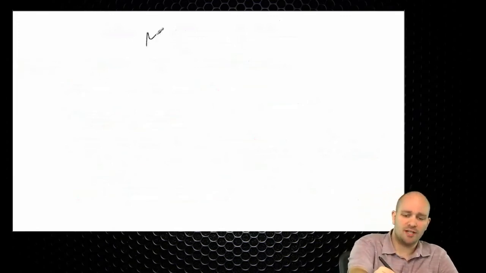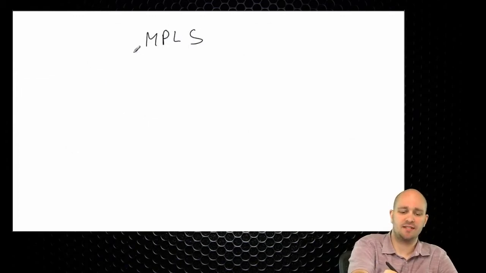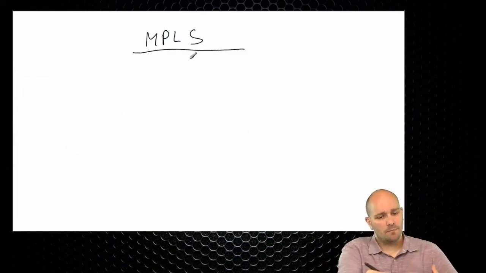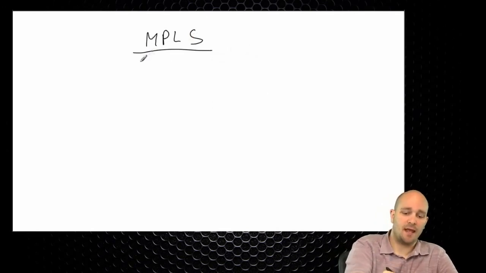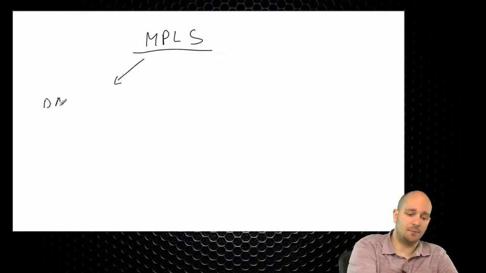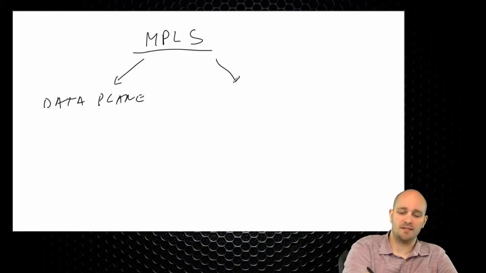So let's first see another thing about MPLS. To understand and fundamentally get MPLS, we have to understand that MPLS actually consists of two related but relatively independent operations. And this is the MPLS data plane and MPLS control plane.